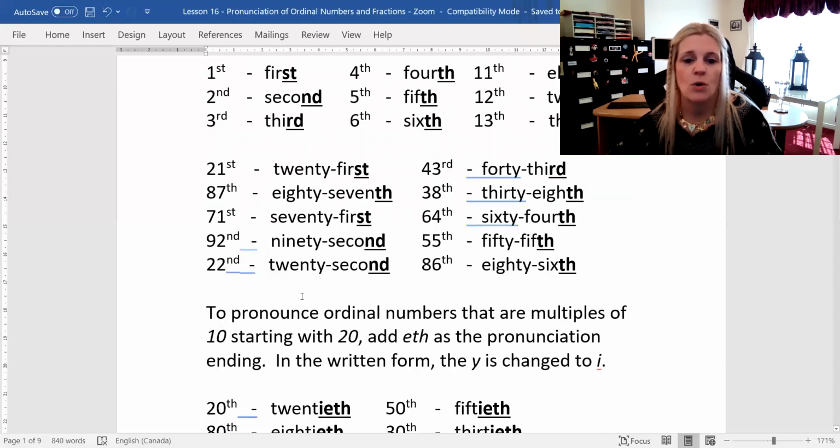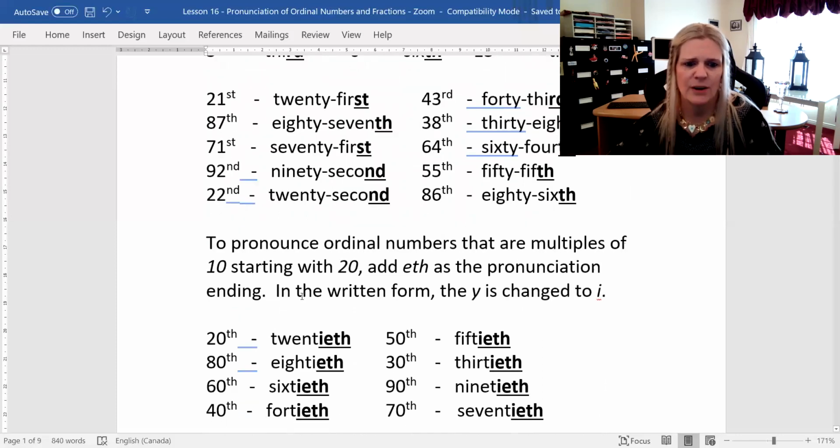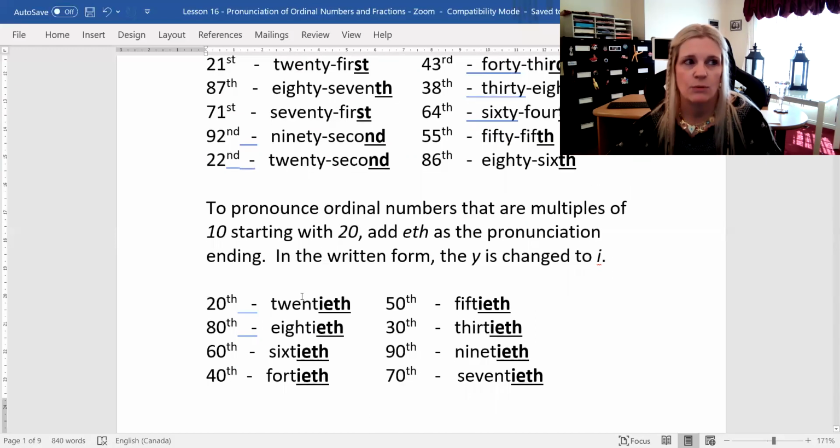To pronounce ordinal numbers that are multiples of 10, starting with 20, we add ETH as the pronunciation ending. In written form, the Y is changed to I. So you know how we write 20 and it ends with a Y? We're going to change that Y to an I and add ETH.